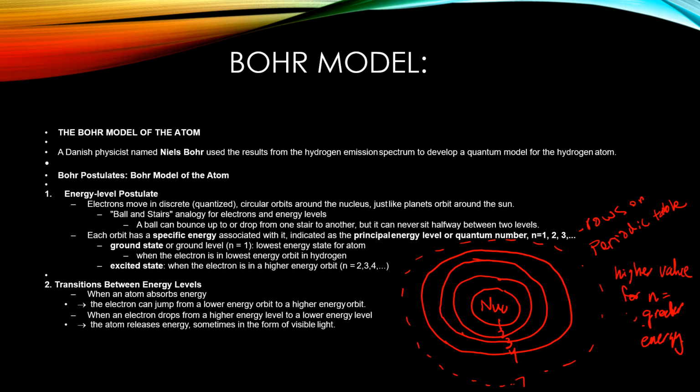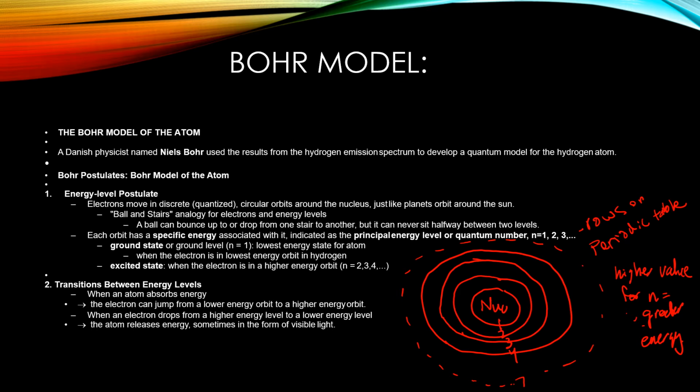When it makes that transition, it is a very temporary state, and then it will release that energy back in the form of light that we see in those discrete wavelengths that are released. So every single one of those wavelengths of light corresponds to a specific transition between some of these different energy levels.